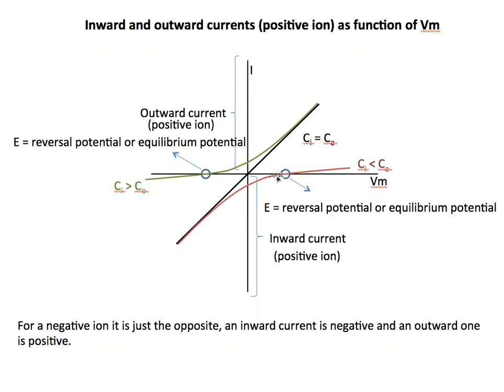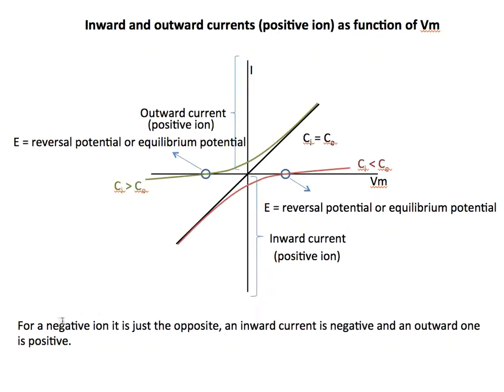So you're going to have a flux of cations inward, and that's why you see a negative I. And if you make the membrane potential very, very positive, then you're going to start pushing the cations inside the cell to the outside of the cell. And that's how you're going to get positive I. That's a pretty extreme situation.